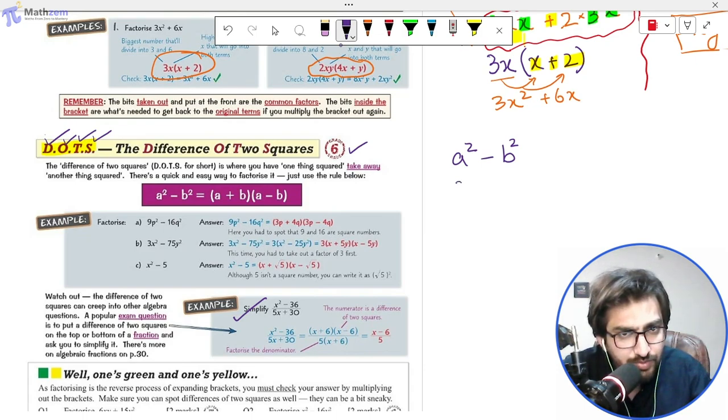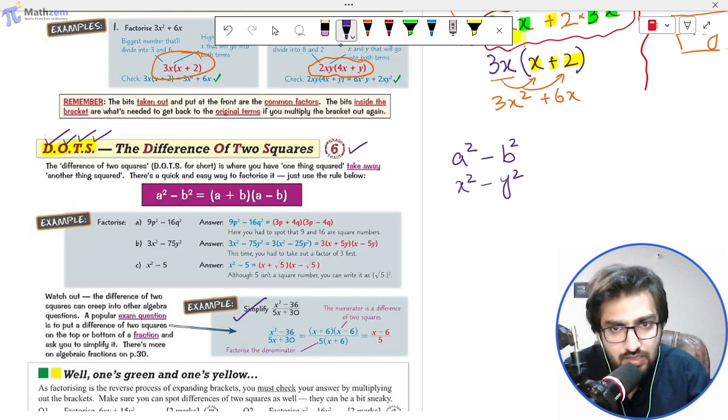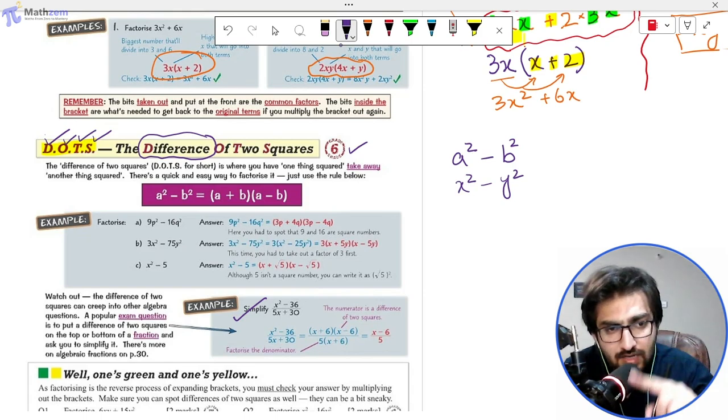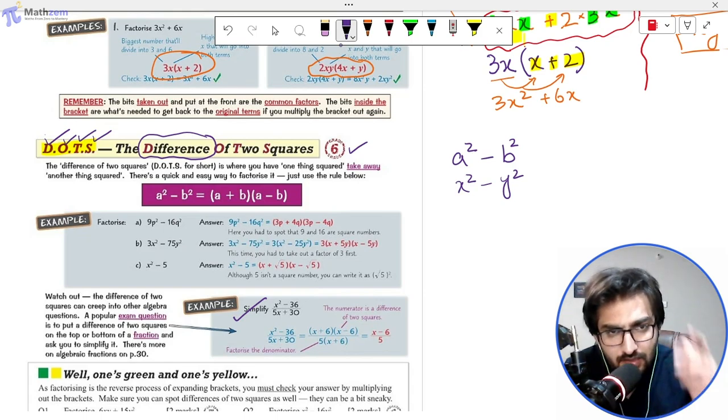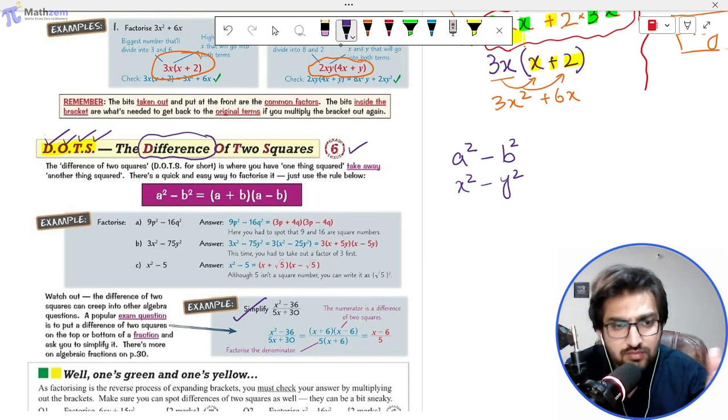It could be x square minus y square, a square minus b square, z square minus y square, anything. Remember, there must be a minus in between, and both terms must be squares.